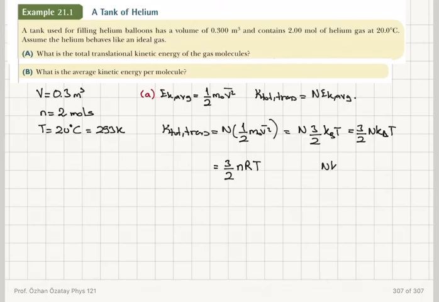So whenever you see n times Boltzmann constant, you can replace it by number of moles times universal gas constant. So what is the total translational kinetic energy of the gas molecules? It will be 3/2 times 2 times 8.312 joules per mole Kelvin, times the temperature, 293. So I find that the total translational kinetic energy is 7.3 times 10 to the 3 joules.